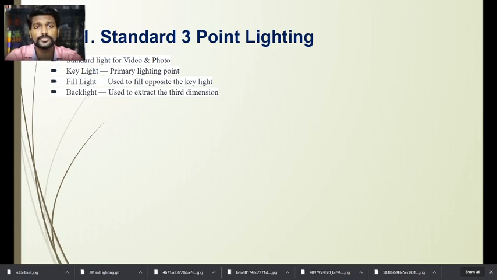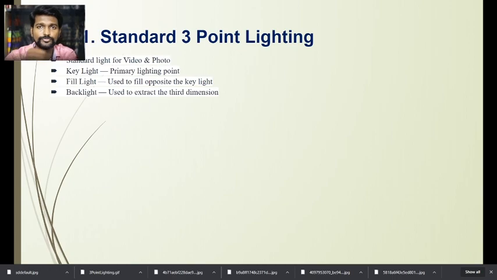In this standard 3-point lighting, we use key light, fill light, and backlight. The backlight is not for the background. This backlight is completely for the subject. These three lightings are given only to the subject. Background light is different, so don't confuse background light with backlight.